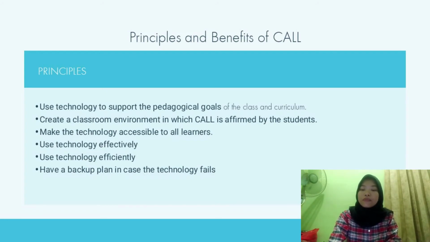Note that effective means that students learn language better or faster using the technology than they would have using the tools that would ordinarily be available. Fifth, use technology efficiently. Efficiency is related to time. When CALL enables a student or teacher to accomplish an objective in less time, then it is viable.